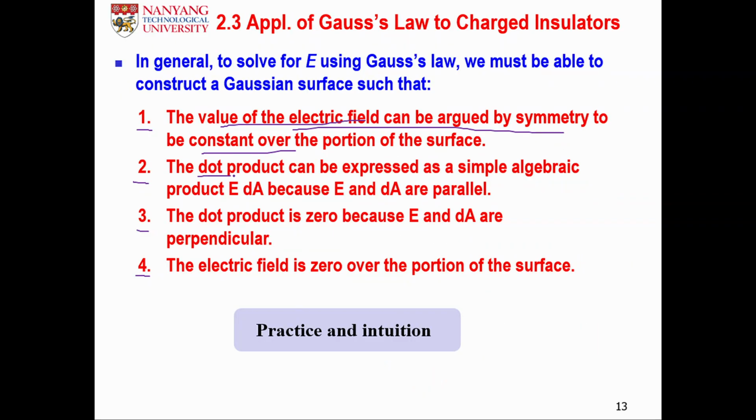And the second point, the dot product of E and dA can be expressed as a simple algebraic product because they are parallel. This is one scenario where you can simplify the integration, or another scenario if they are perpendicular. For the second point, E and dA are parallel.